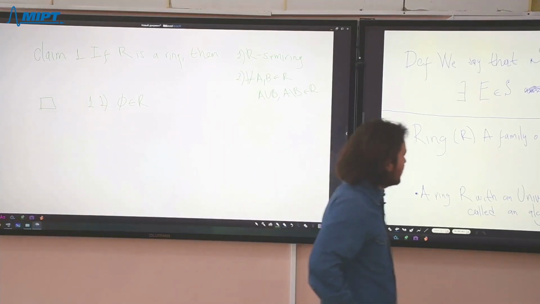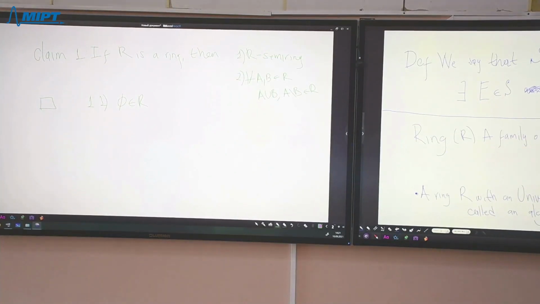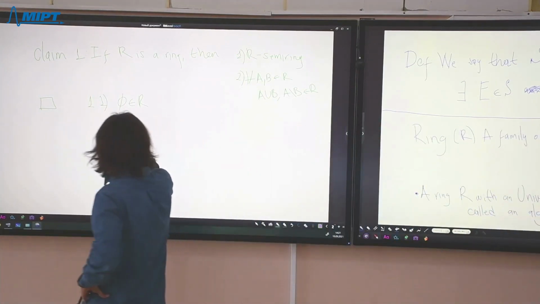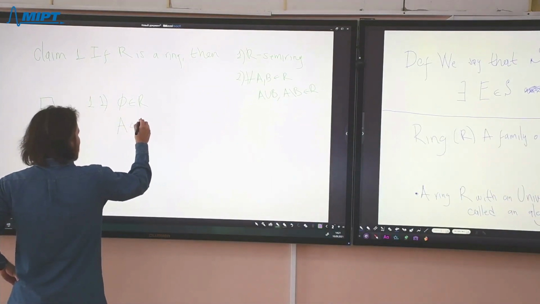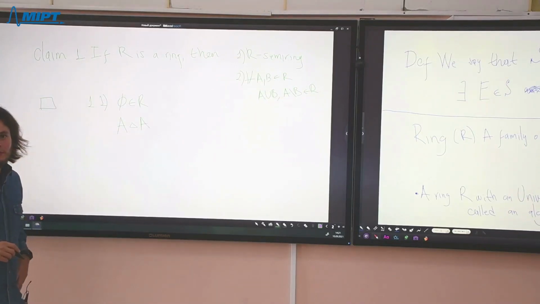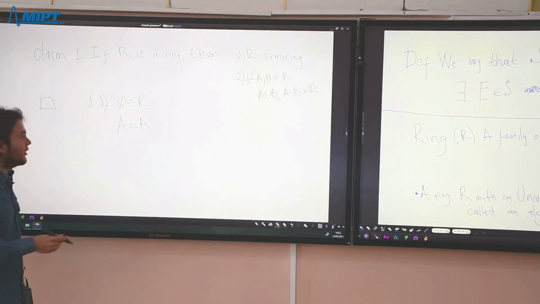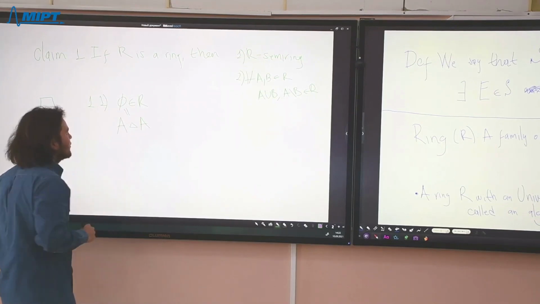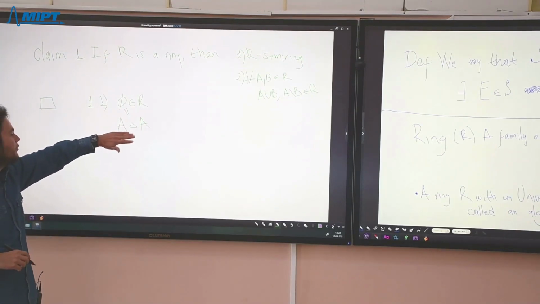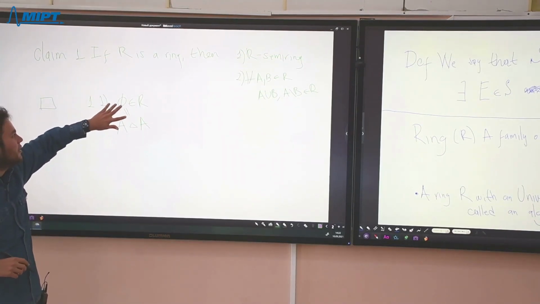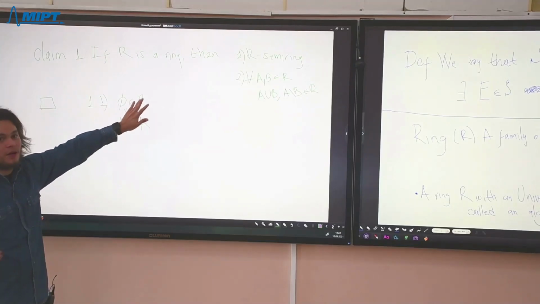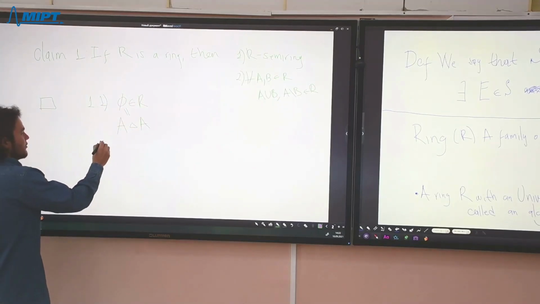We know that a ring is closed under the symmetric difference, right? And what's the symmetric difference of a set with itself? The empty set, right? So since the symmetric difference of A with itself is empty, then the empty set belongs to R. So the first one is okay.